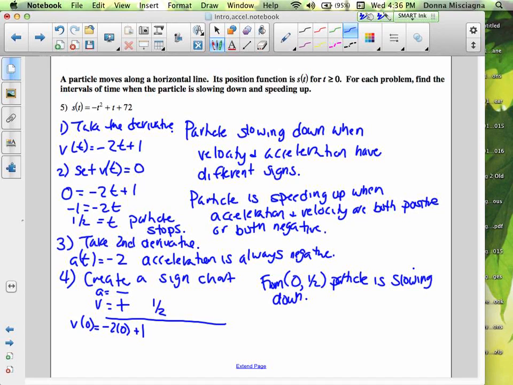Right, so let's determine something greater than 1/2, let's just choose 1. So v of 1, we have negative 2 times 1 plus 1. That's going to be negative. So our velocity is negative, and our acceleration we know is always negative. So from 1/2 to however long this particle wants to travel, the particle is speeding up.